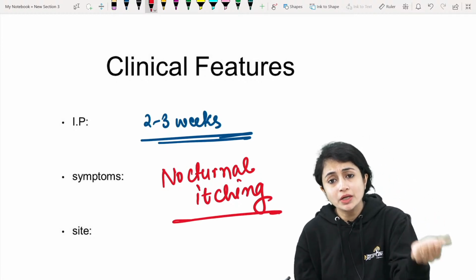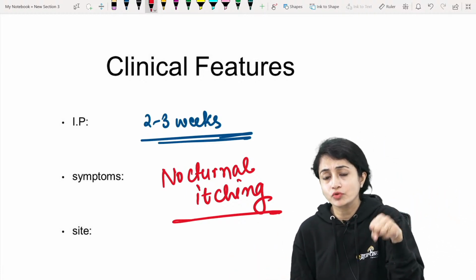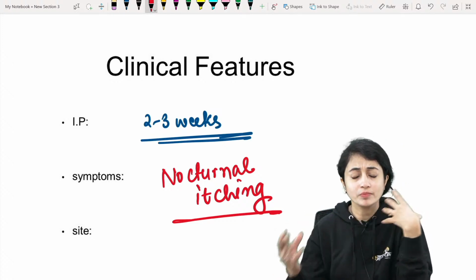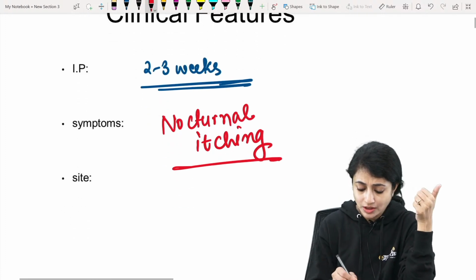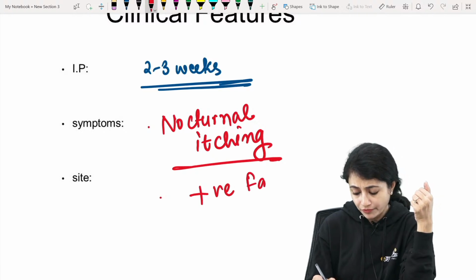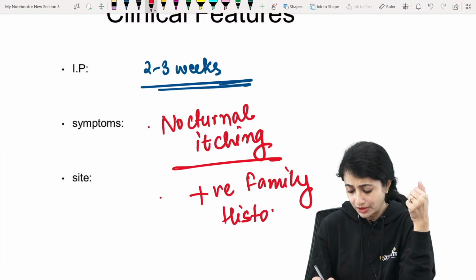So the patient typically comes and tells you, whenever I remove my clothes, whenever I come back from work, after that I itch like a monkey. The patient itches and scratches like anything. So nocturnal itching is very, very important, and a positive family history, that other members in my family are also suffering.